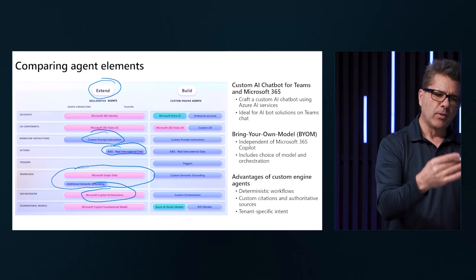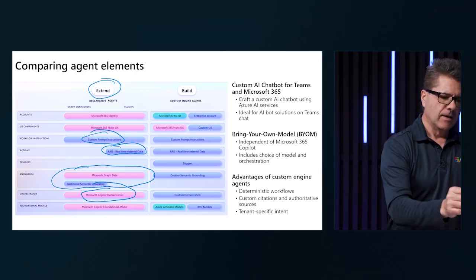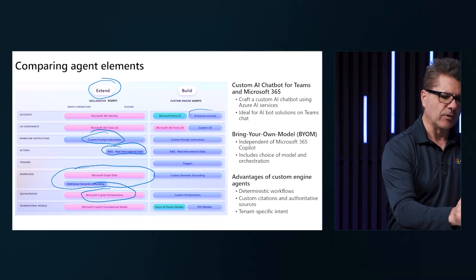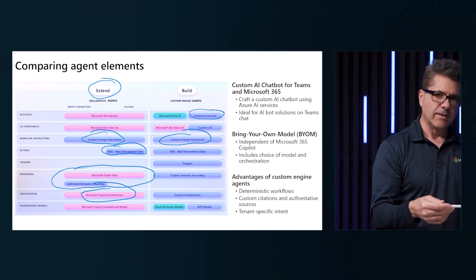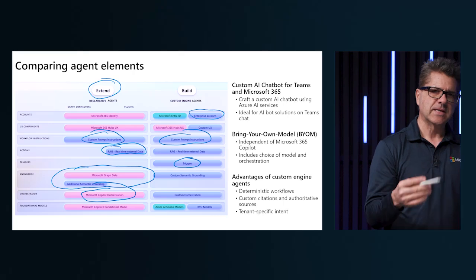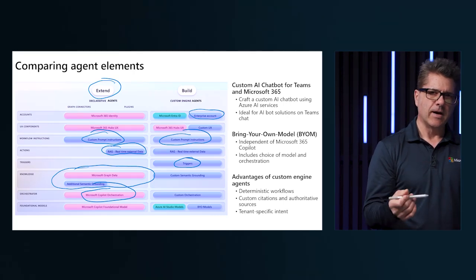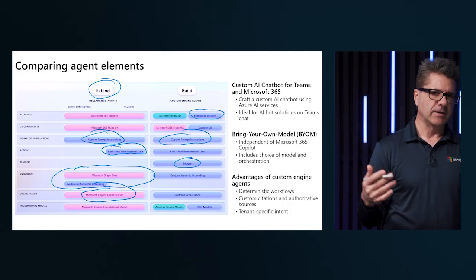But if I want to build my custom engine, that's going to be different, right? Yes, I need to have my enterprise account, but I'm going to have a custom prompt. I will decide how and when the customers are going to use it. I can have specific triggers. So these custom engine agents can be executed at a particular time.